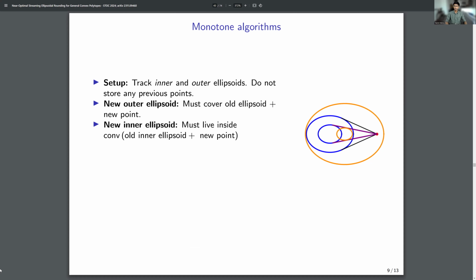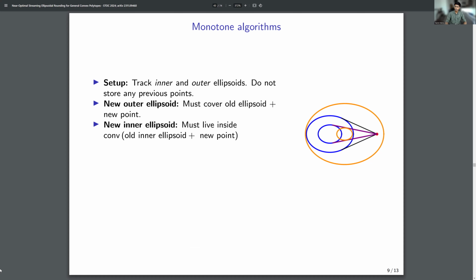Now, the new inner ellipsoid constraint is a little bit more technical to describe, but it's not too hard to see from the picture. If we're not tracking any of the points that we've seen up to this time step, then it's necessary to enforce that the new inner ellipsoid lives inside the convex hull of the old inner ellipsoid and the new point.